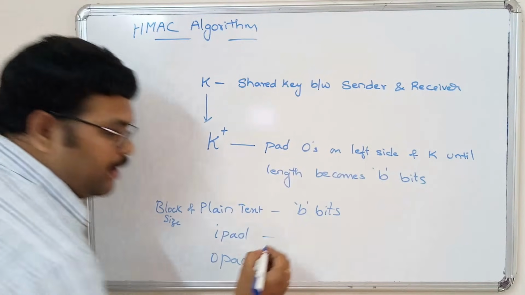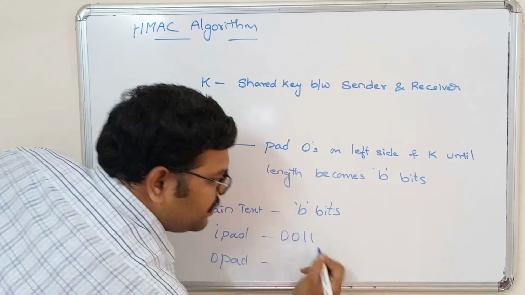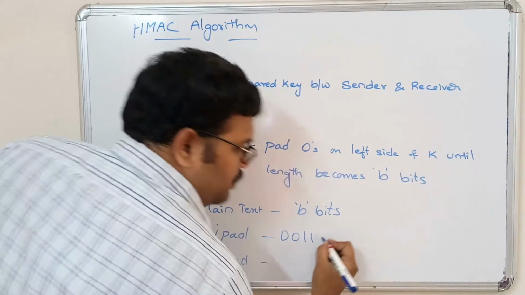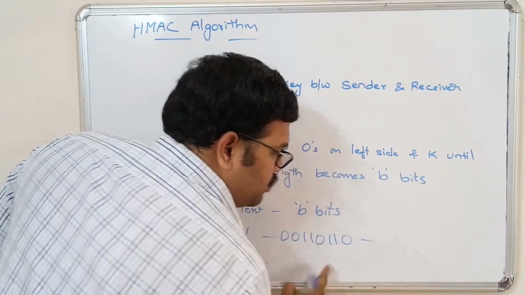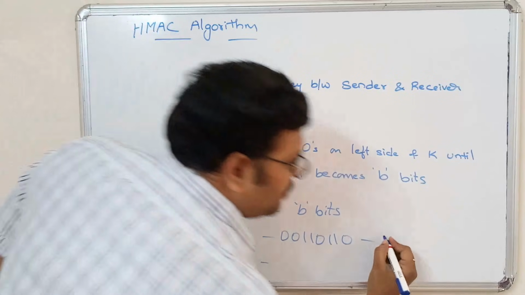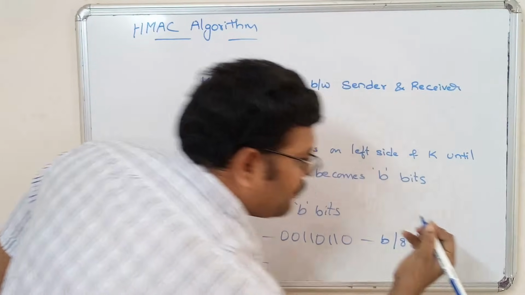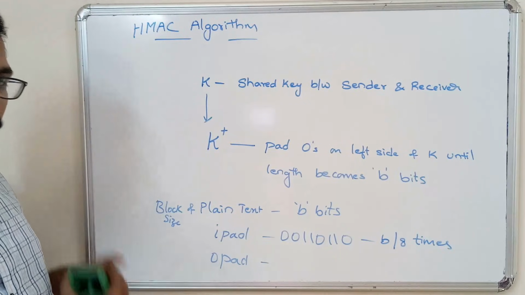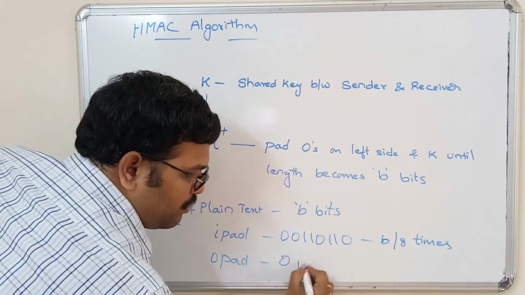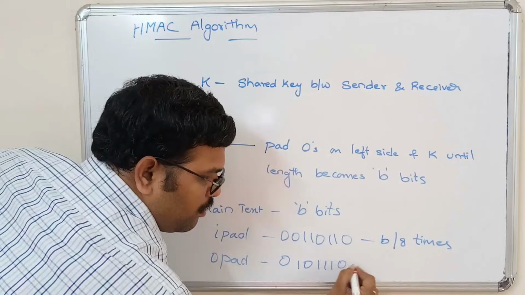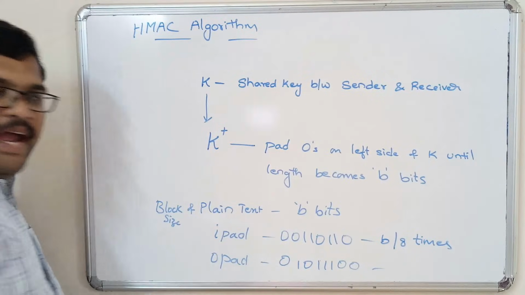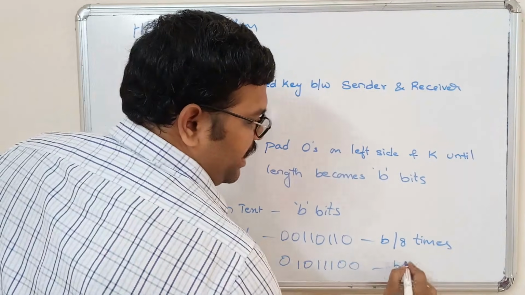IPAD is 0011, padding these bits B by 8 times. OPAD means padding its bits B by 8 times.